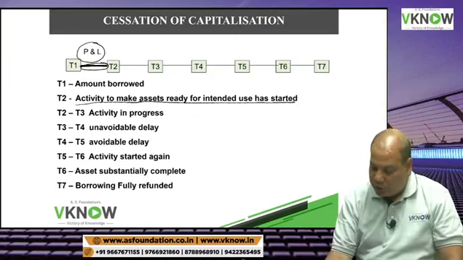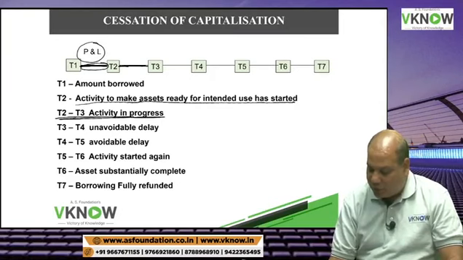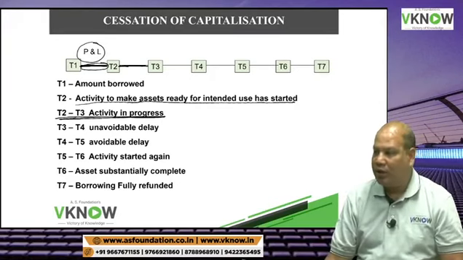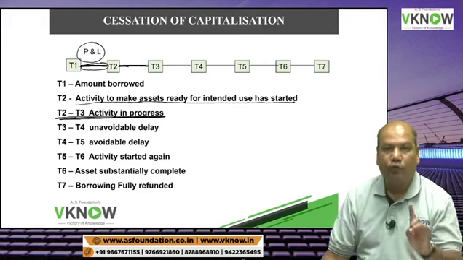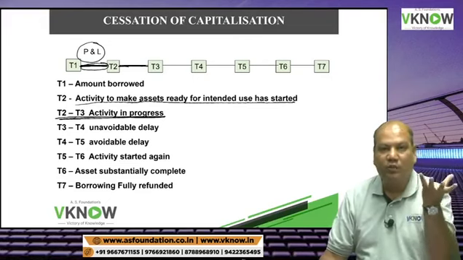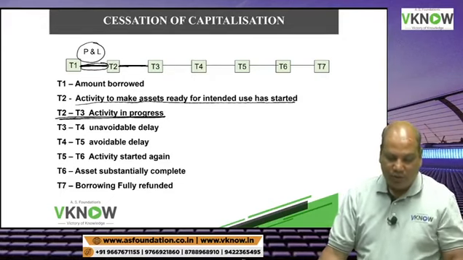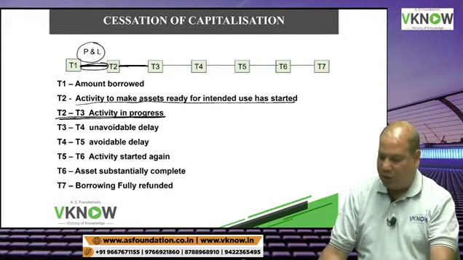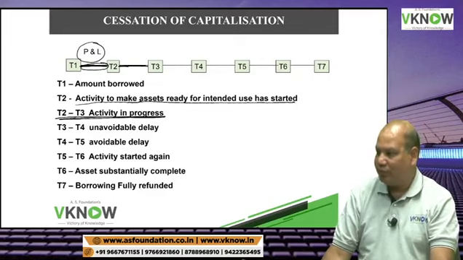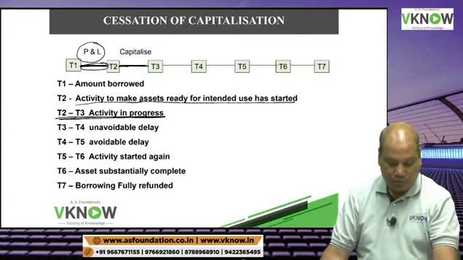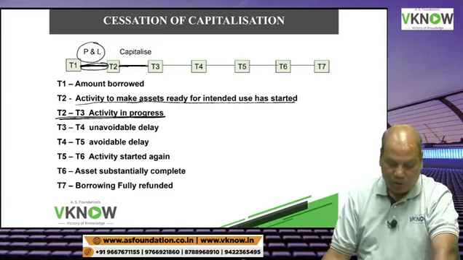Between T2 to T3, the activity is in progress. Loan is taken, expenditure is incurred, activity is in progress. What would be the treatment? This small chart will summarize the whole chapter. Between T2 to T3, we will capitalize the borrowing cost.